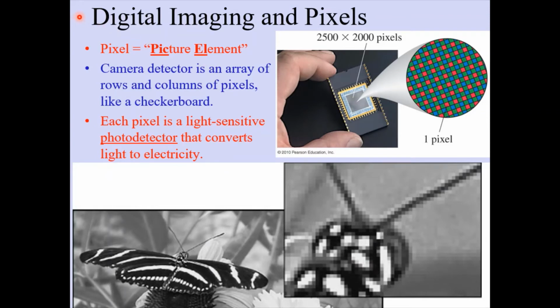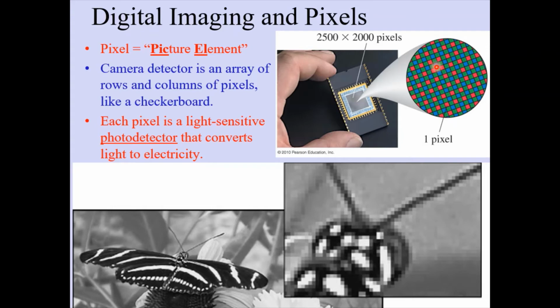So the whole concept of digital imaging has to do with pixels, which you've no doubt heard of. The word pixel comes from picture element. And if you were to look inside of a digital camera, even the one in your smartphone, there is a little electronic chip in there that is called the camera detector, and it has an array, kind of like a checkerboard, of rows and columns of pixels.